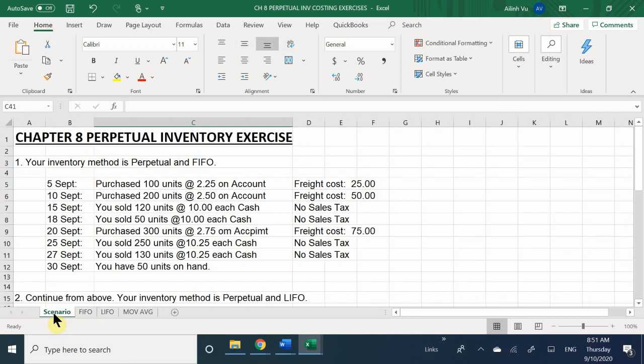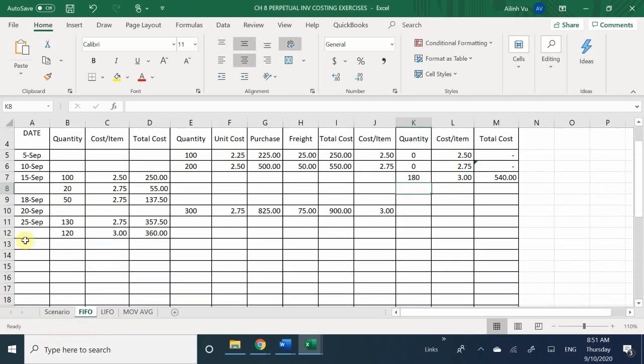So then what happened next and what is the last thing that happened? Perfect. So on September 27, you sold an additional 130. Okay. How many batches do we have left?